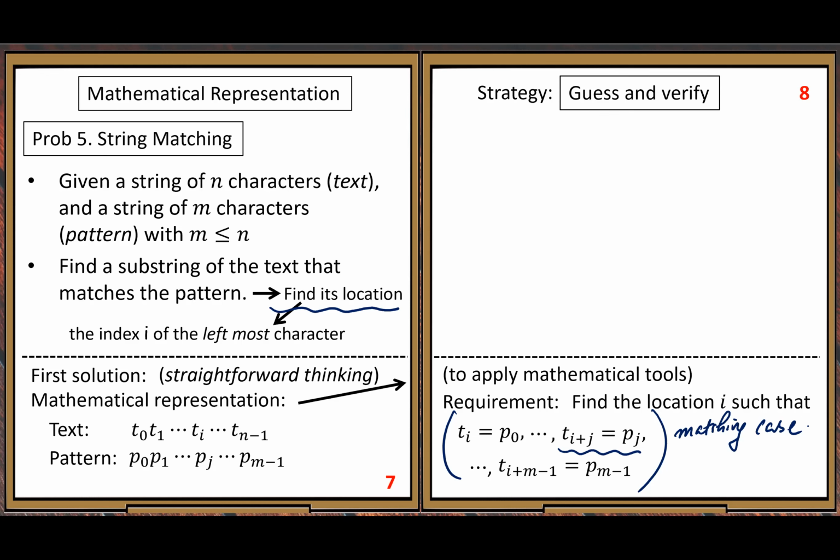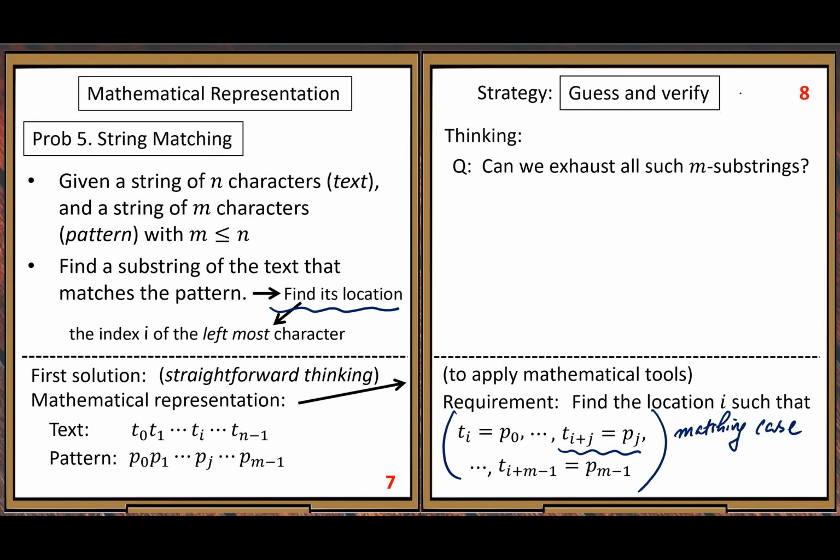Because in order to solve this problem, although it's a simple problem, in order to get a correct formula, here we use the guess and verify strategy. Let us do the thinking here.